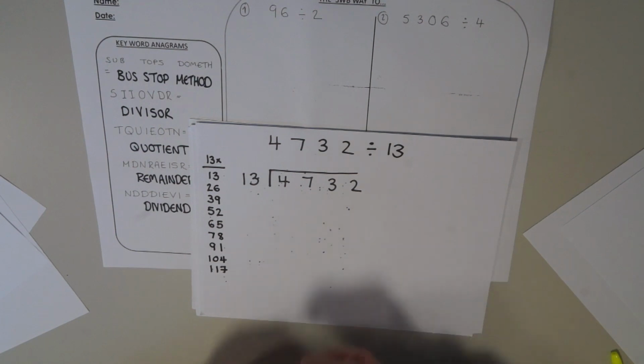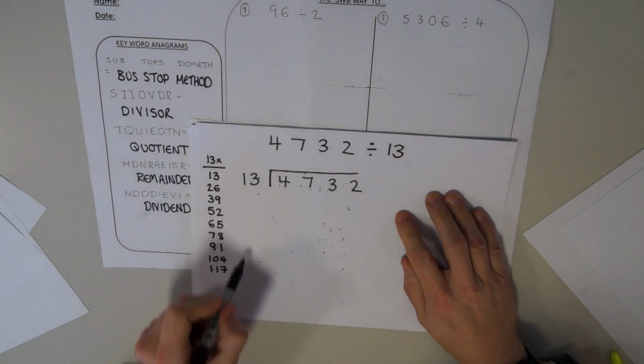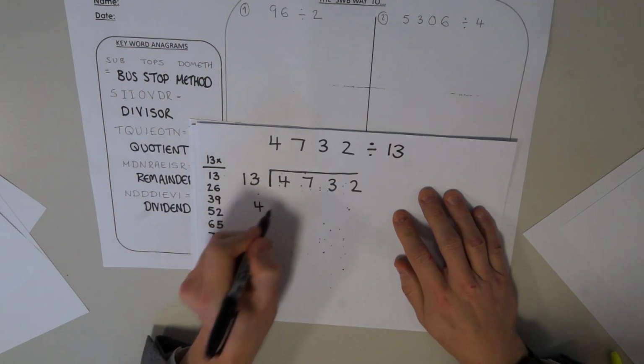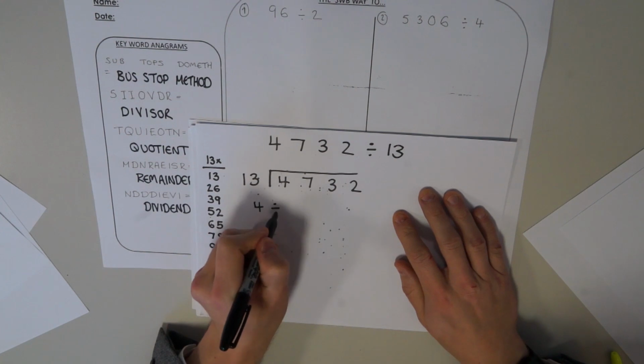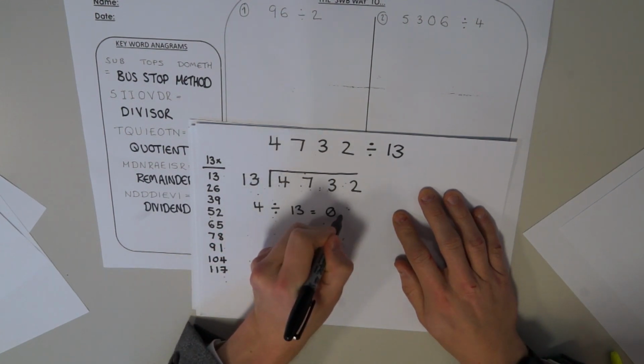I'm now going to do the same as what I have done before. I'm going to write a note of what I'm doing in my head to help me check if I'm getting it right. This reduces the stress on your memory. Please make sure you do this. 4 divided by 13 is 0, remainder 4.